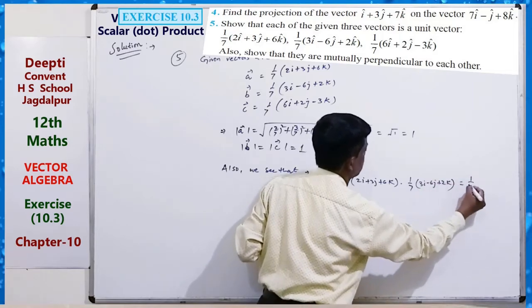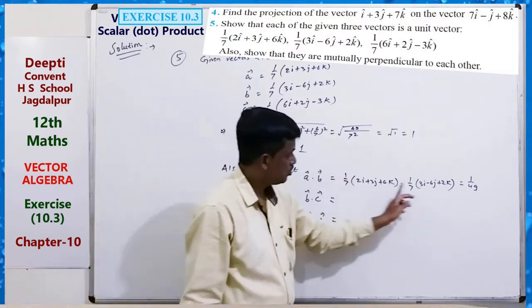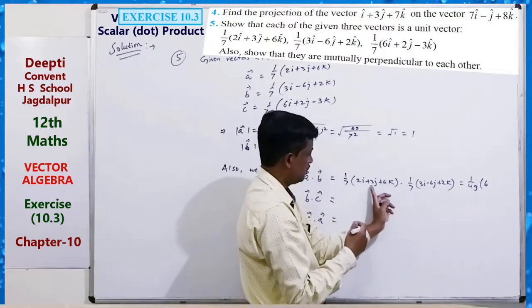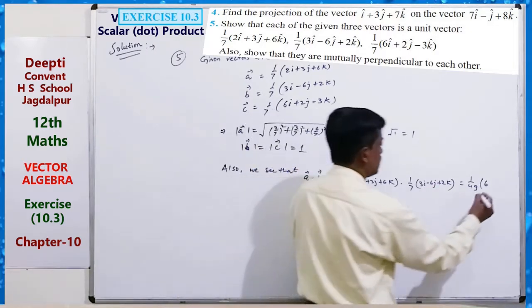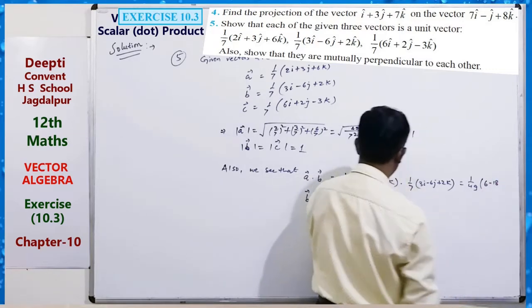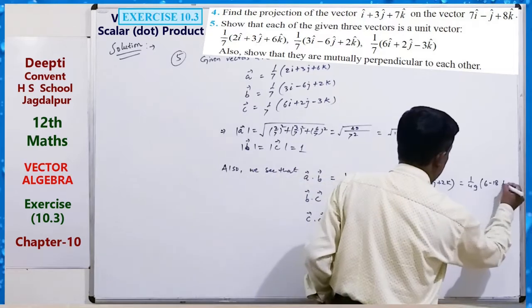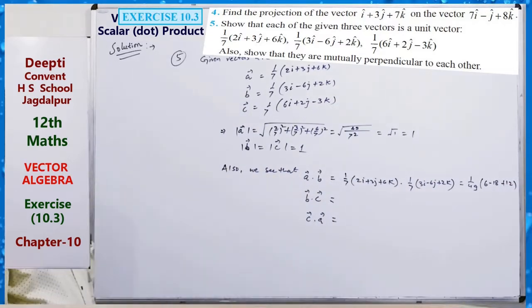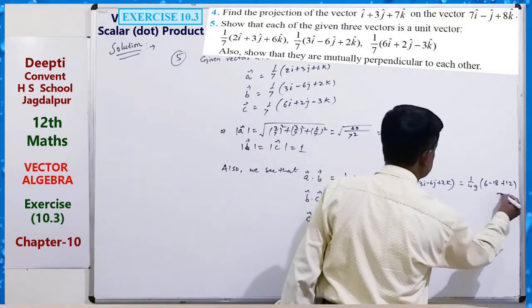The constant 1 by 49 is multiplied. Now 2 into 3 is 6, 3 into minus 6 is minus 18, 6 into 2 is 12. So 6 plus 12 is 18, minus 18 gives 0. So this is equal to 0.